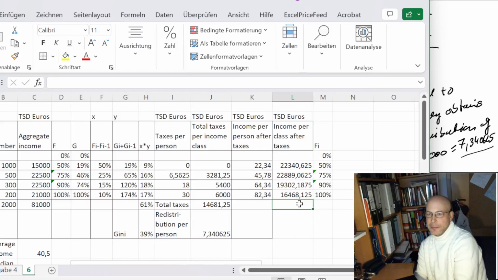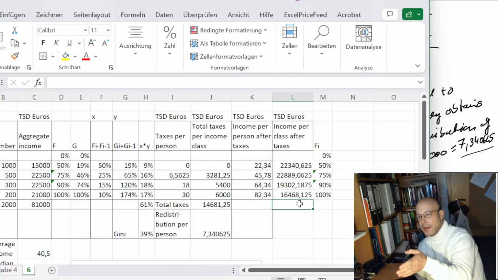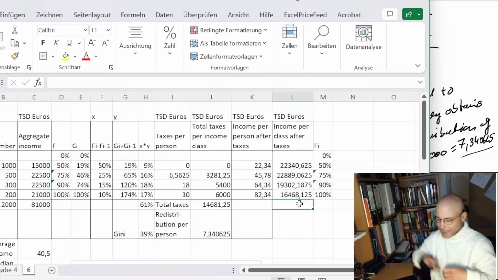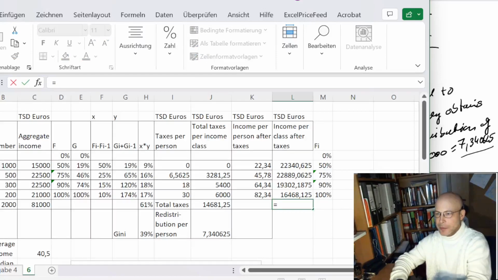If you look in the table, these are all the incomes: the former incomes minus what they have to pay for taxes plus what they get after the redistribution. Yes, great, because nothing vanishes in our society.